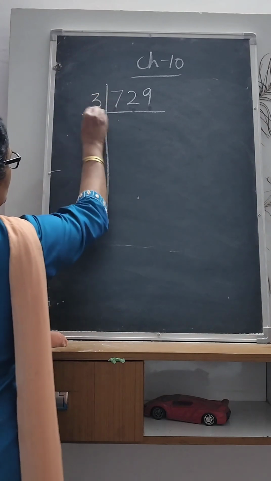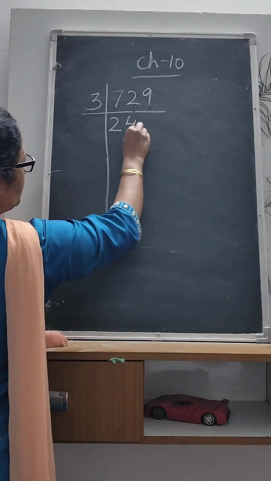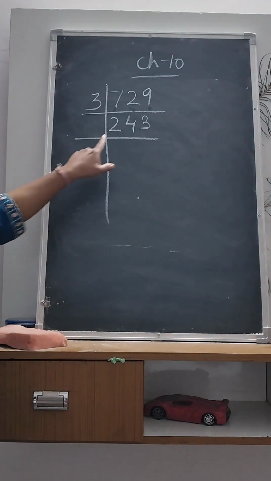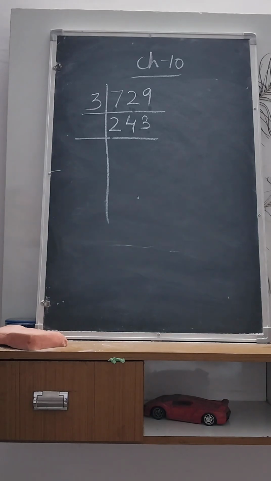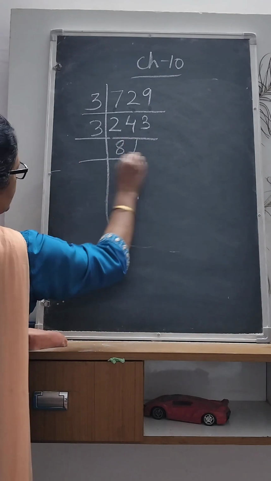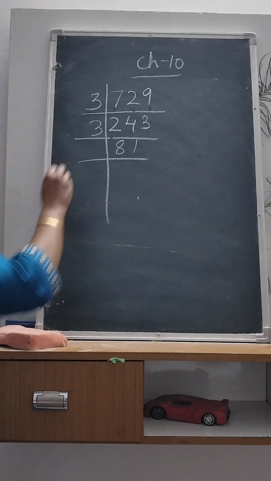So let us divide by 3. 3 2s are 6, 3 4s are 12, 3 3s are 9. Again, if you add the digits, 2 plus 4 is 6, 6 plus 3 is 9. 9 comes in the table of 3, so it is divisible by 3. Again 3 8s are 24, 3 1s are 3. Now 8 plus 1 is 9, it is divisible by 3 again.